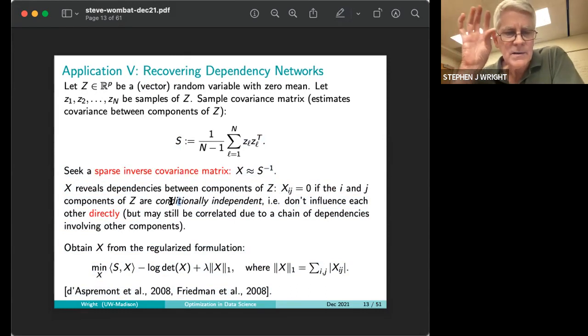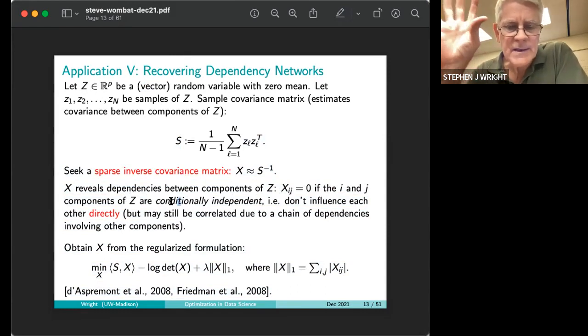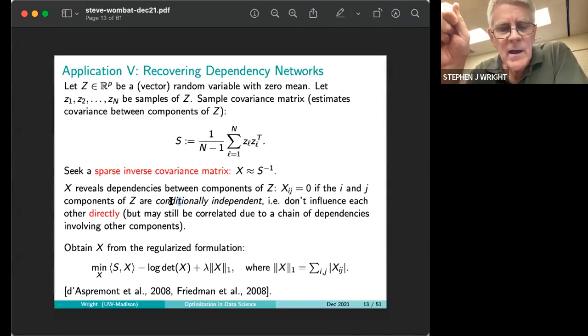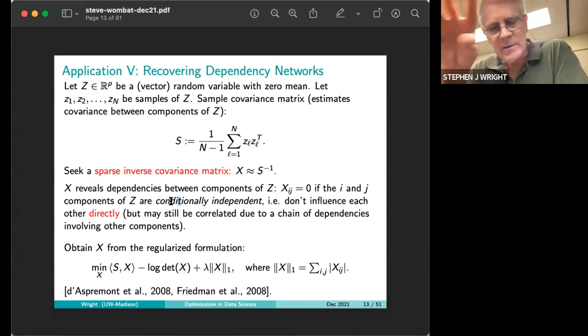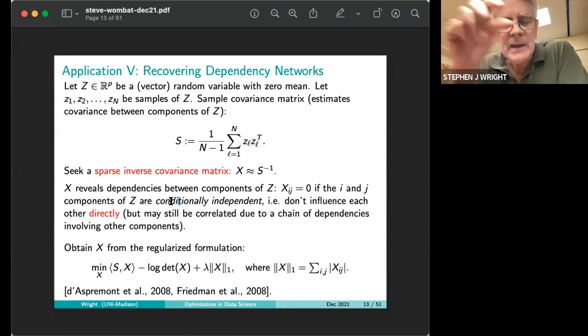So it could be that this covariance matrix is dense, which means that there are correlations between every pair of elements of Z. But it could be that the structure is actually more interesting than that. It could be that element I influences element J only because I influences some other component K, which then influences J. So there could be sort of a chain of dependencies linking I and J, but they're not actually directly influencing each other.